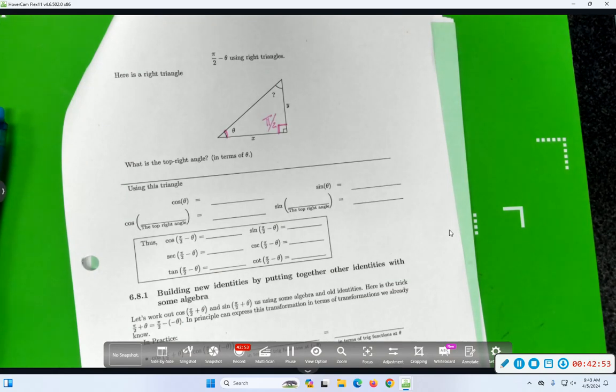That angle labeled question mark. Can we figure out what that angle is? Tell me, what is the angle labeled question mark?